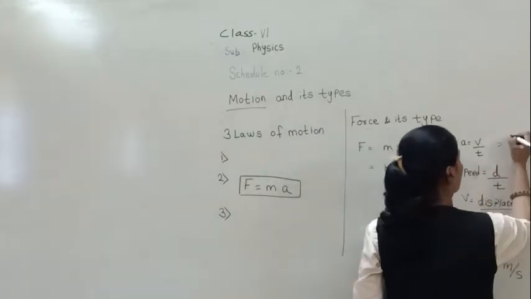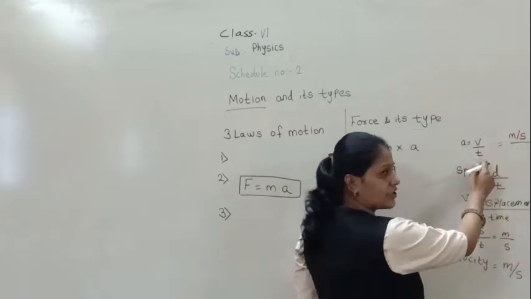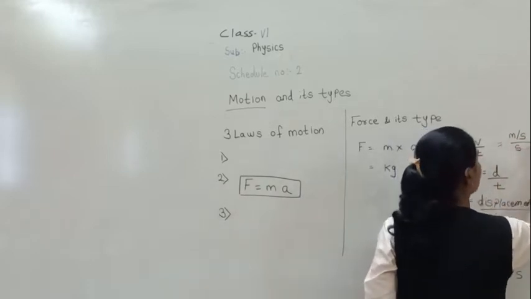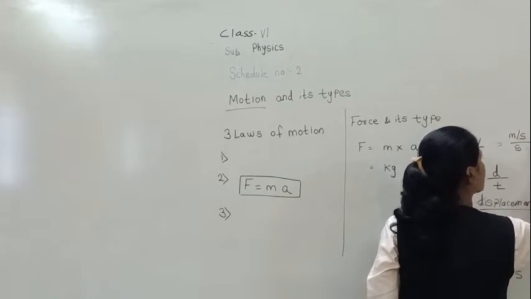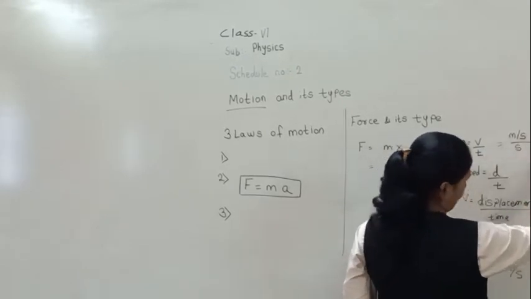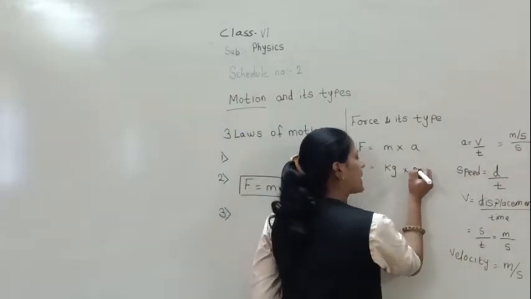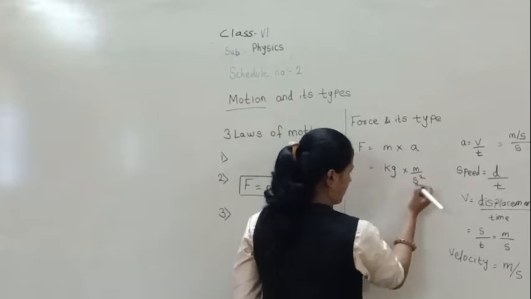So I will put here meter upon second, and upon time, whose SI unit is second. So it comes to meter upon second square. So the acceleration unit is meter per second square.